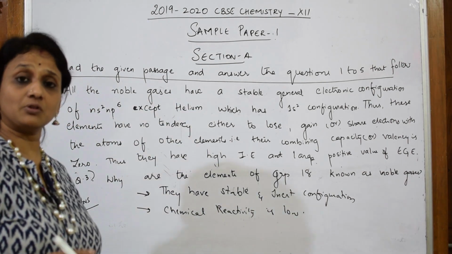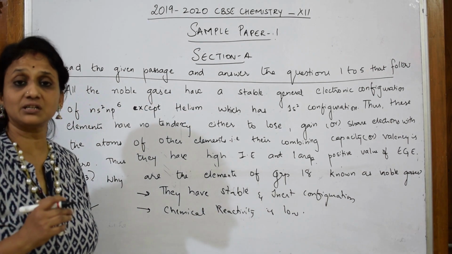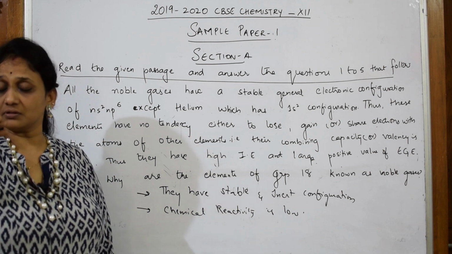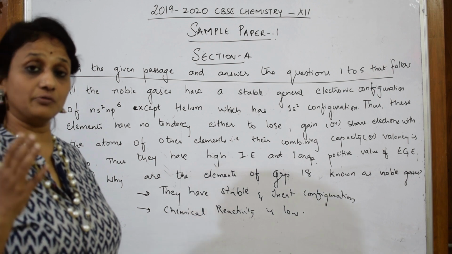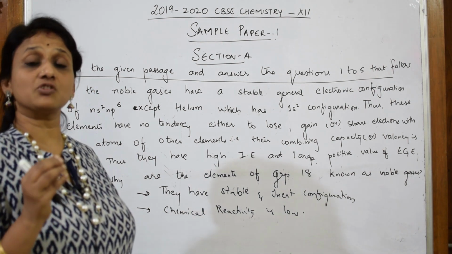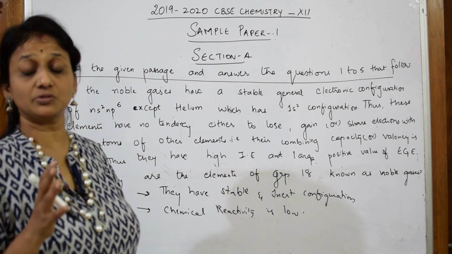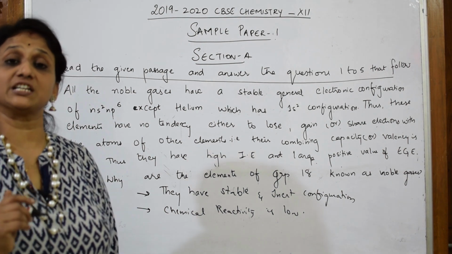And when I have to speak about one more concept, what is the most electronegative element? Fluorine, chlorine, isn't it? So these particular elements also react with fluorine and chlorine, and there are certain compounds of xenon which combine with oxygen also, XeO2, XeO3, XeO2F2, like that they react with the most electronegative elements.